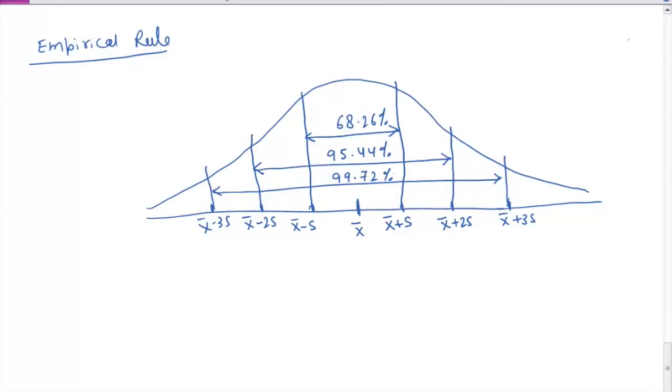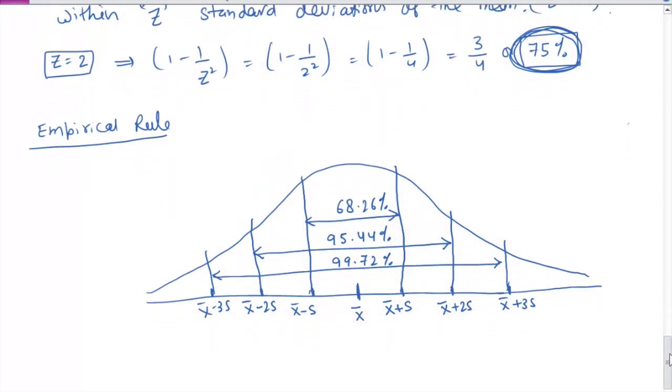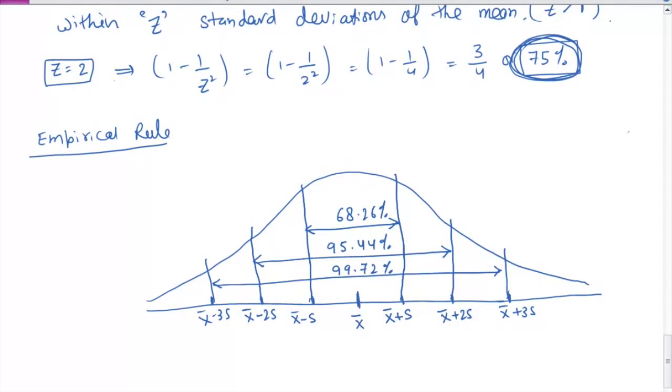So when Chebyshev's theorem said, when z equals 2 means you are 2 standard deviations away from the average, it covers at least 75%. But in this picture you can see plus minus 2 standard deviations is covering as high as 95.44%.